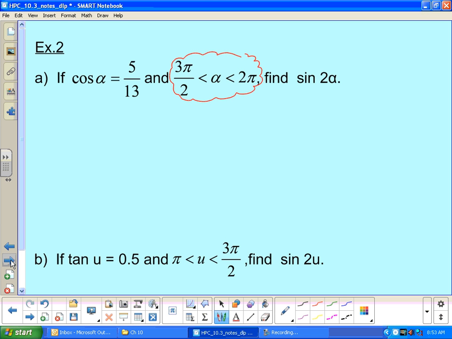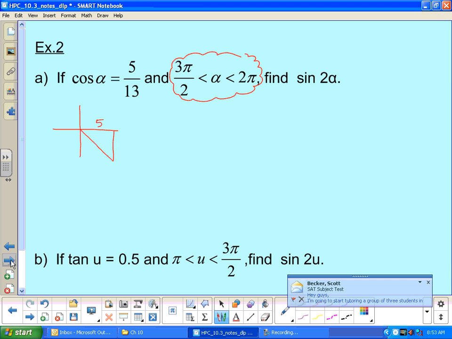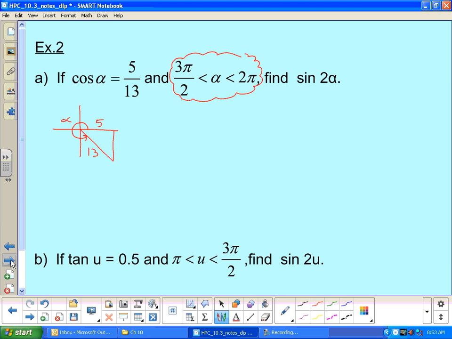So let's go find, first of all, our sine values. So we draw a little sketch. We're in quadrant 4. We have this angle that produces a ratio of cosine of x over r of 5/13. There's our angle alpha that we're referring to. So we get 13 squared, 169, minus 5 squared, 25, we get 144.